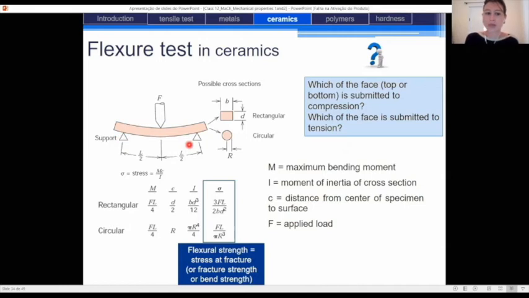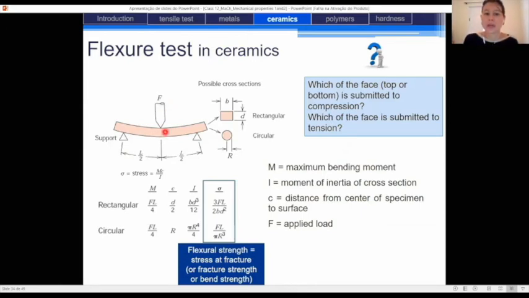It is 3 points because we have 2 points supporting this ceramic bar, and the third point is the one at which we apply a pressure, a load. In that case, this load is directed from the top to the bottom, downward.